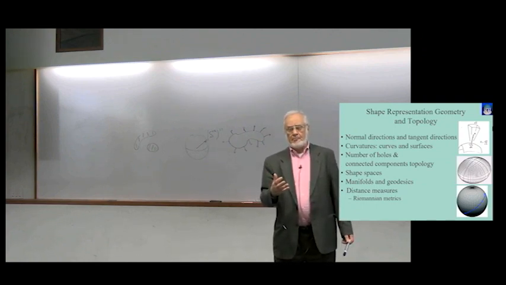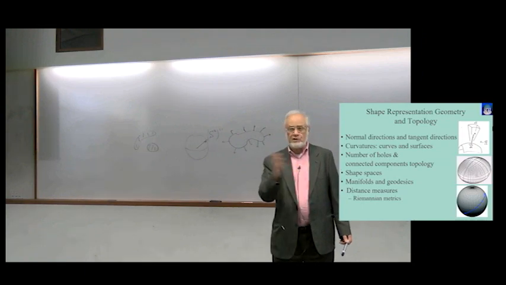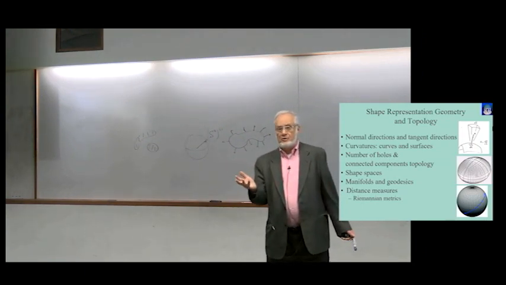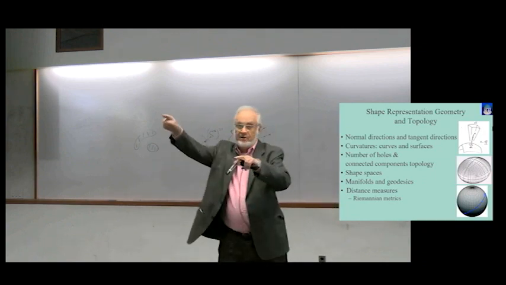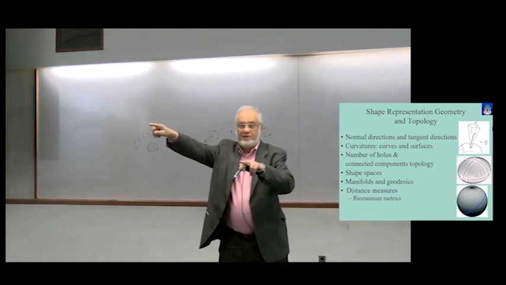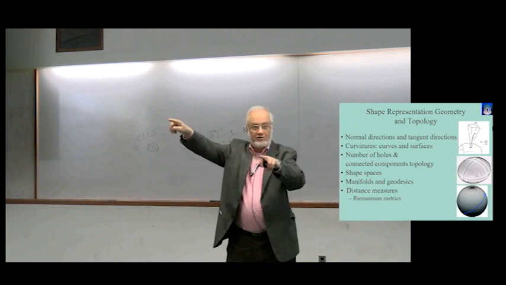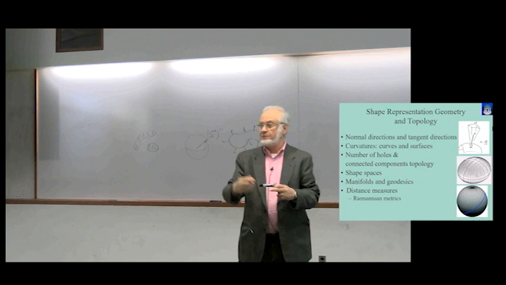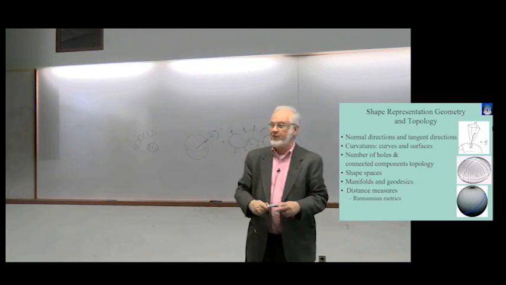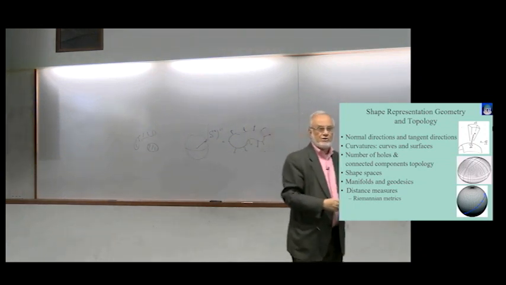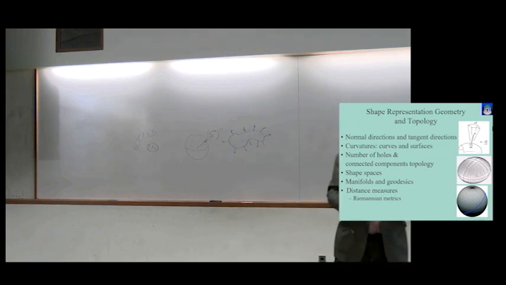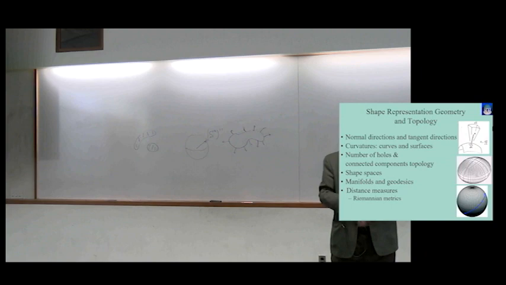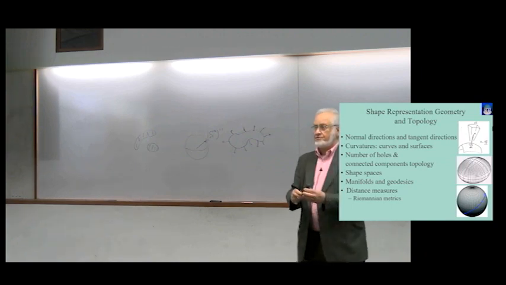It turns out that the Euclidean metric, which is the one we're most familiar with, where Pythagoras said that from here to here, you take the straight line between them, which is the geodesic, the shortest path, and you take the sum of the squares of the differences of the different coordinate values. That Euclidean metric that Pythagoras said you should use turns out not to be so hot on curved surfaces.